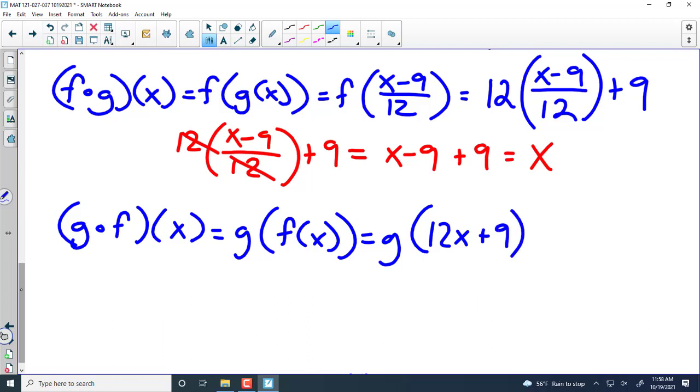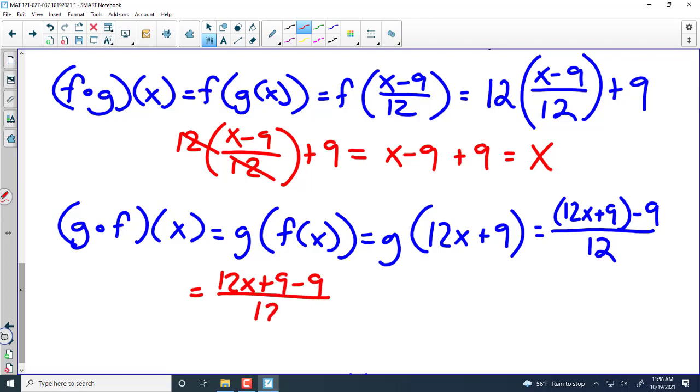You compose the other way. G composed with f means g of f of x means put 12x plus 9 into the g function. That's going to look like this. The 9s on the top will cancel each other out. You'll end up with 12x over 12, which equals x.